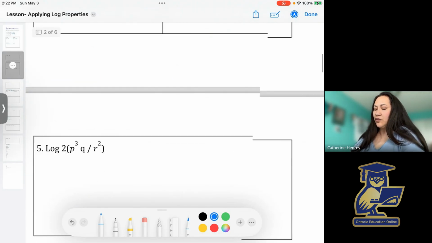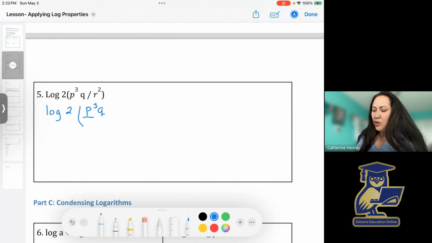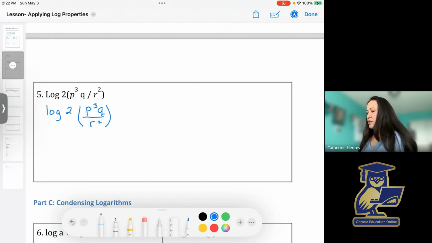Moving on to example 5, we have something that looks quite complicated, but maybe if we rewrite it a little bit, this is the log of 2 times p cubed times q over r squared. So maybe written like that, we might be able to pull it apart a little easier. So we're expanding this, and we'll use a combination of our product property and our quotient property.